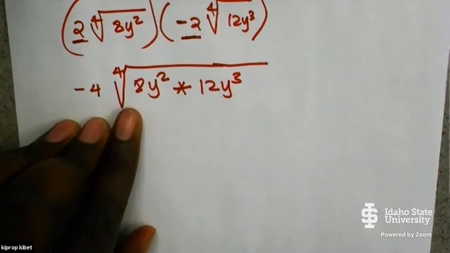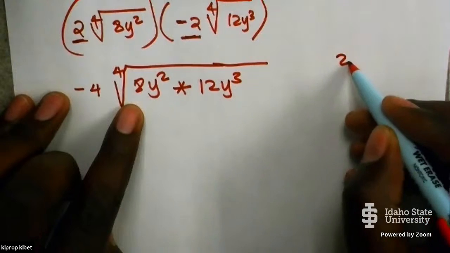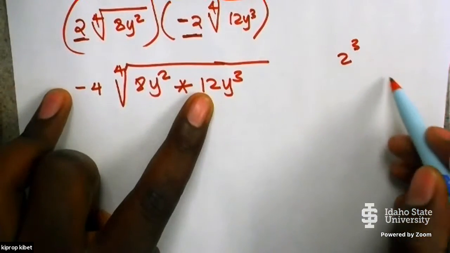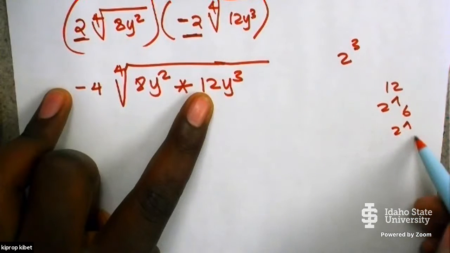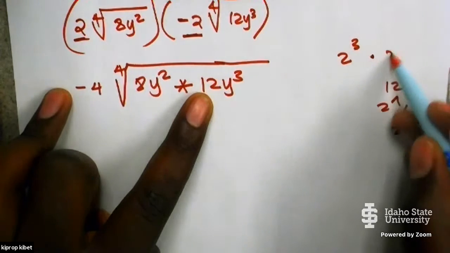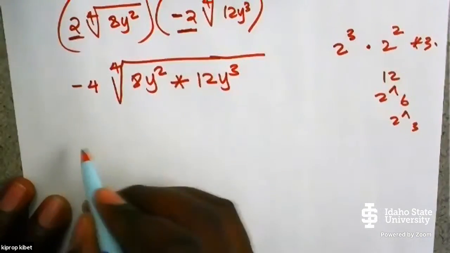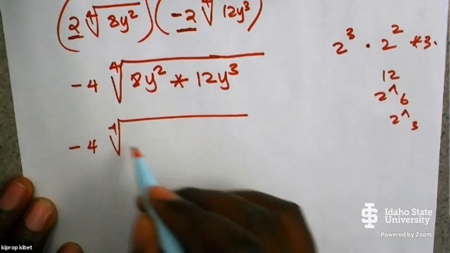Now, how many 2's are in 8? 3. So 2 raised to 3. 12 is what? 12 is 2 times 6, 2 times 3, right? So 2 raised to 2 times 3. So this is minus 4, the 4th root of.